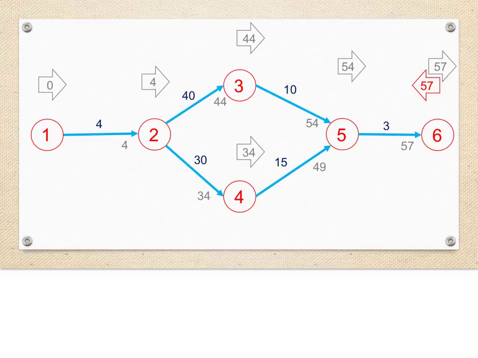So let's continue with the geotech investigation example. I grayed out the results from the forward pass so that we can still see them but not be distracted by them. So the earliest start time for node 6 of 57 days becomes the latest finish time of event 6.